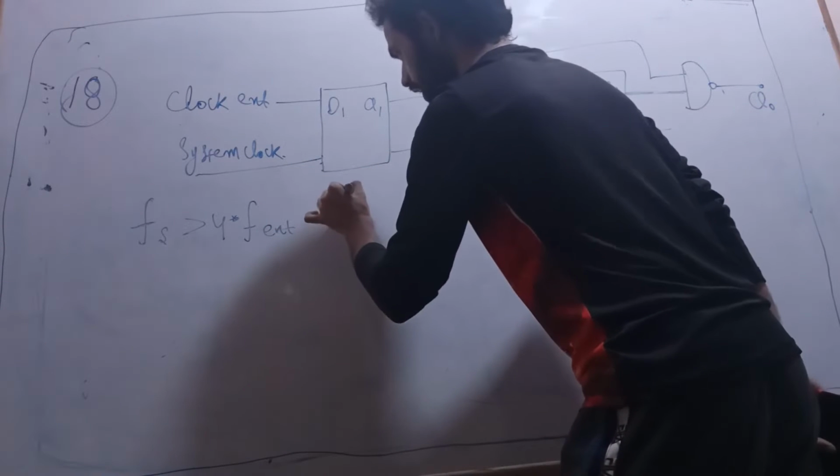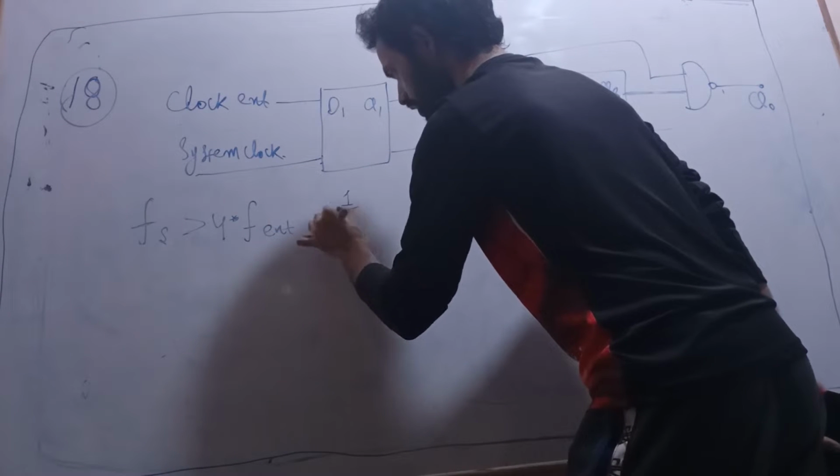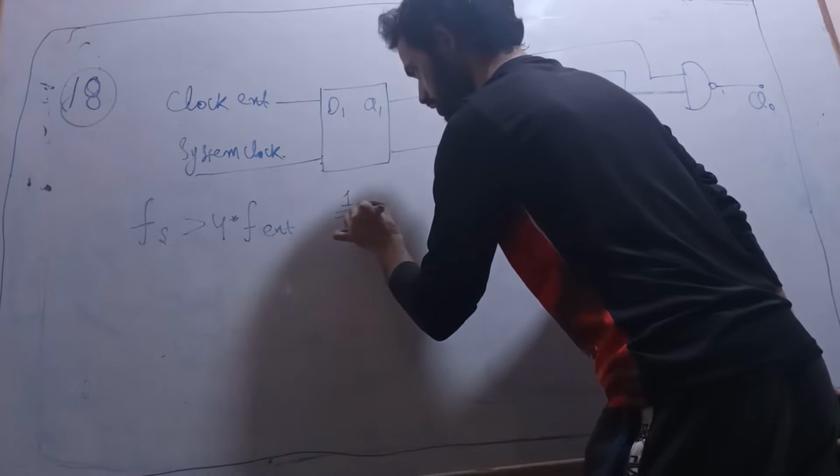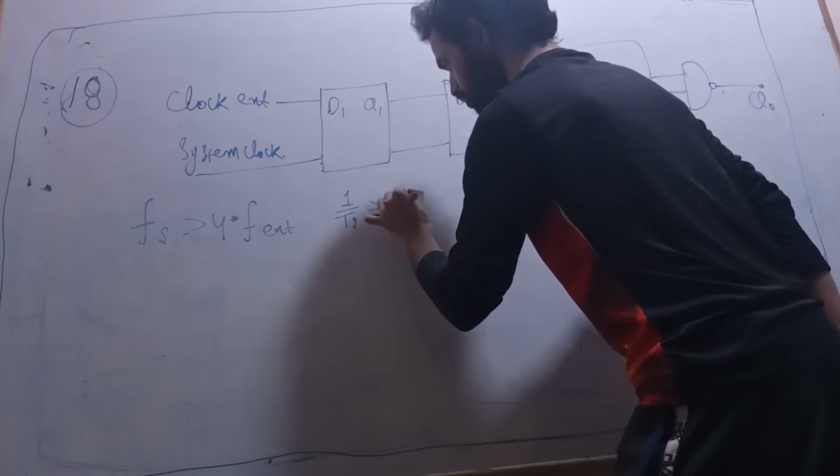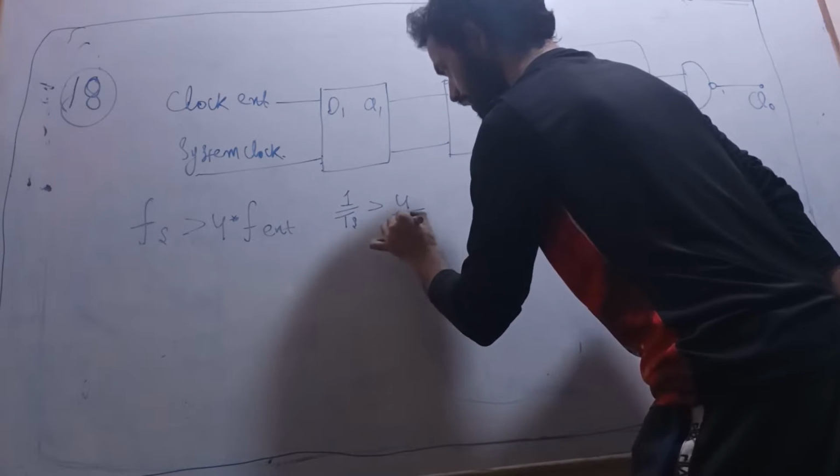Now if it is like this, then we can say that 1 by Ts is greater than 4 times 1 by T external.